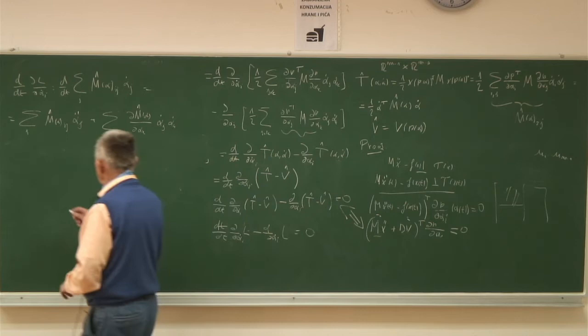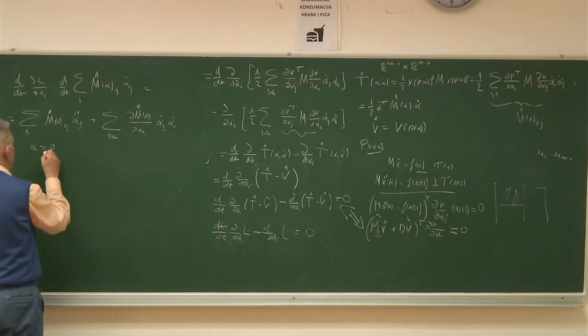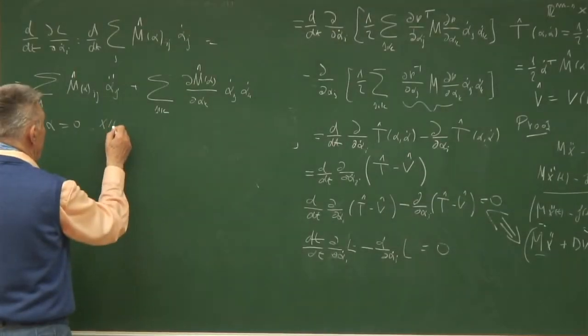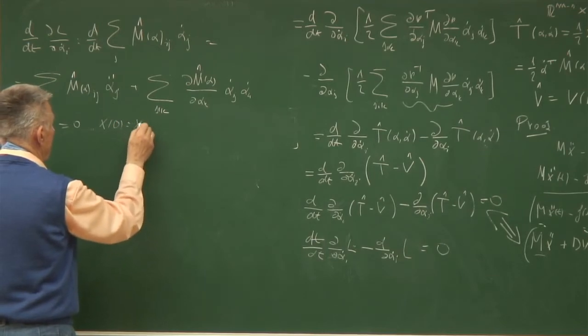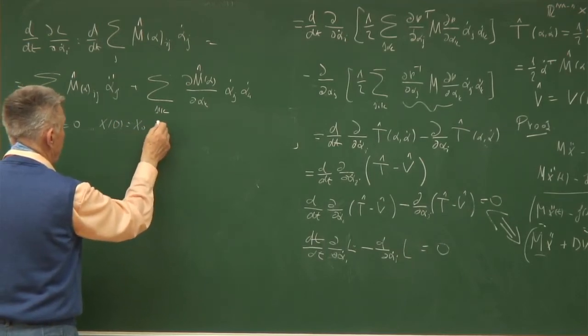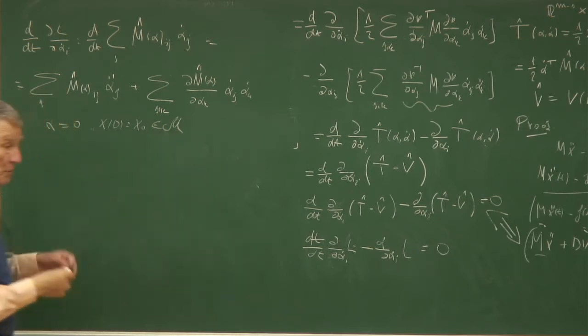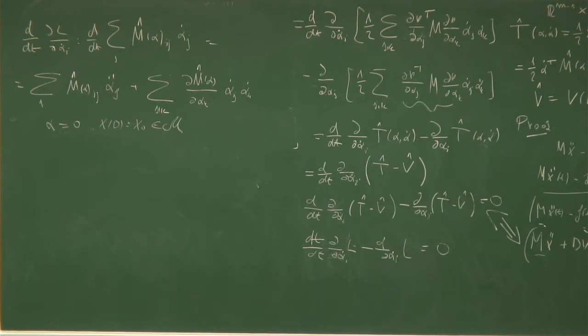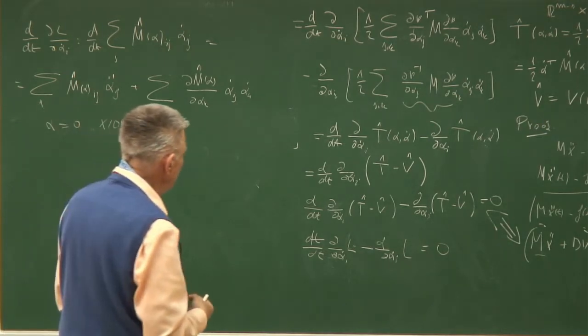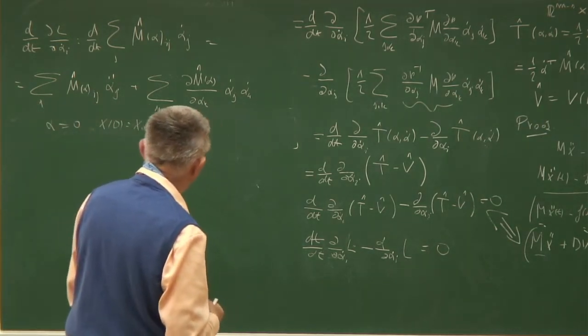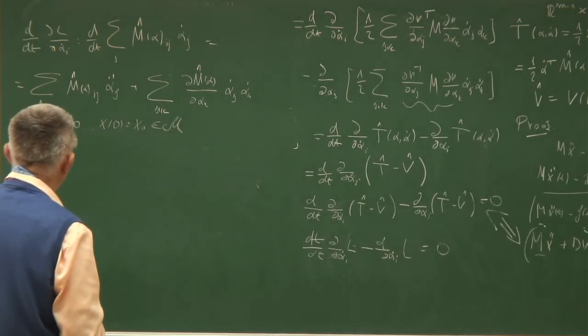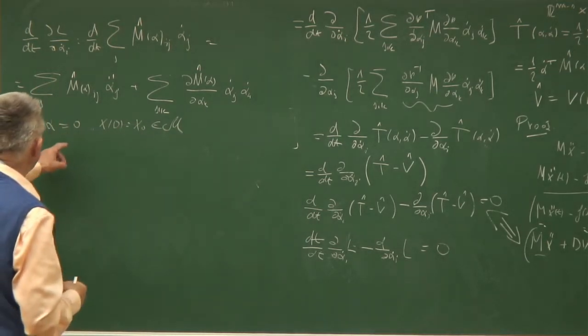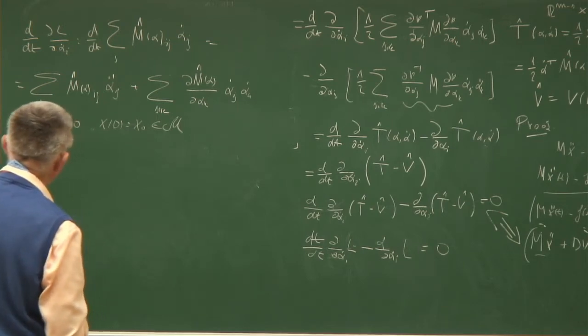So let this alpha equal to 0 and x of 0 be equal to x0, the point of equilibrium. What does that mean? Well, that means that alpha is equal to 0 is a solution.